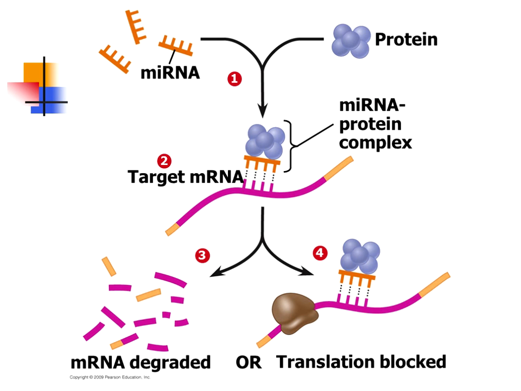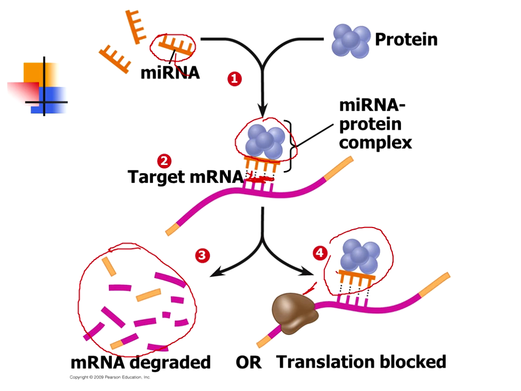So let's take a look at that. Here is the protein. Here is the microRNA, micro interference RNA, right? The protein attaches to the microRNA right here, forms a complex, and then it attaches to the target messenger RNA right there with hydrogen bonds. Once that happens, it can either destroy the messenger RNA, degrade it, or it can block translation, because this is blocking it from going through the ribosome.